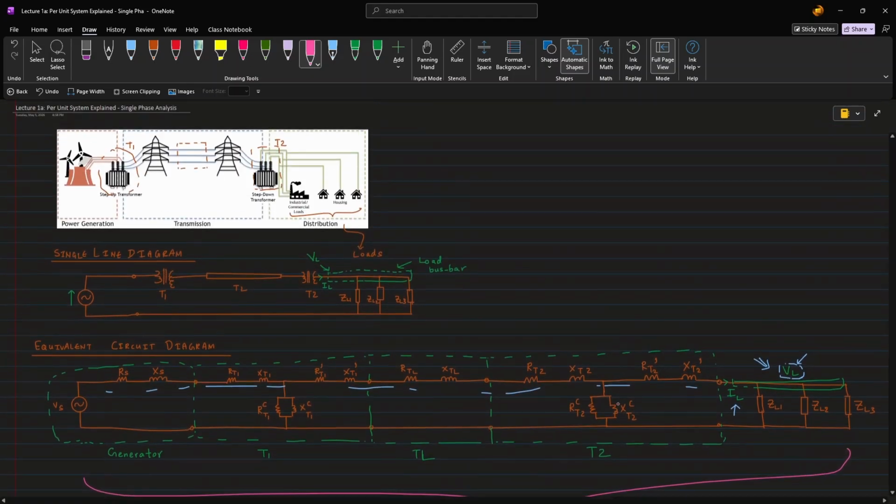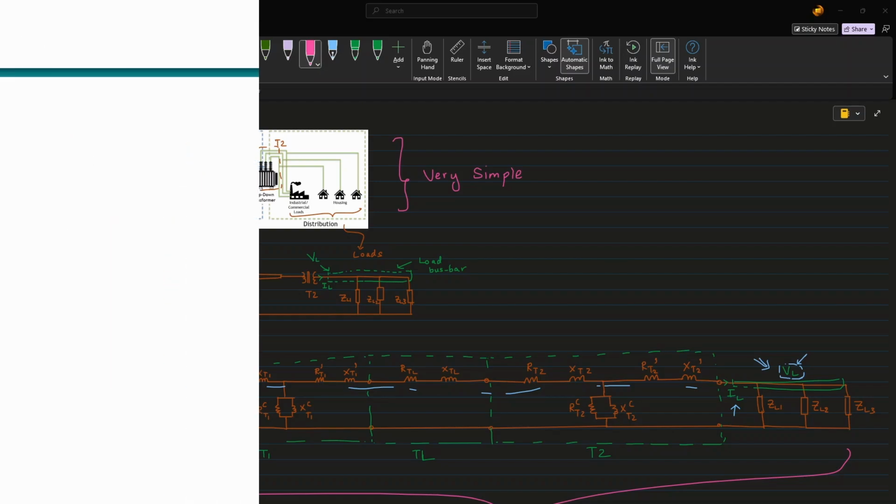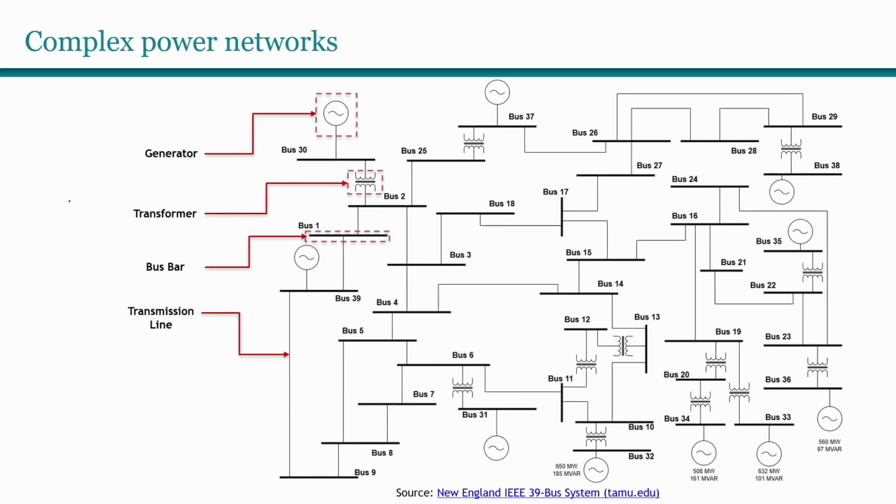Also remember that the power system we are analyzing here is a very simple one, with only one generator, a couple of transformers, a transmission line, and some loads. In real life, these are not as simple as in this figure. In fact, if we look at a system that closely relates to a real-world power system, this figure gives a better picture.